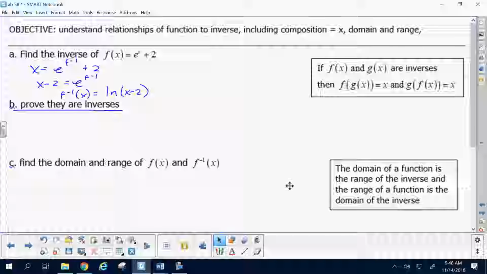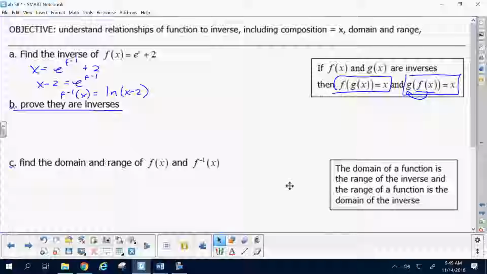If you're right back to where you started, then you're right back to the x you put in. So if you're asked to prove two functions are inverses, then it must be the case that if you use one function, then take that result and put it into the next function, they should undo each other, and you're right back to whatever the number is you started with.